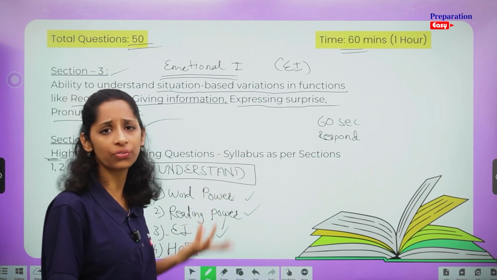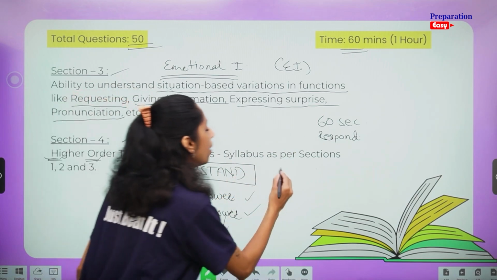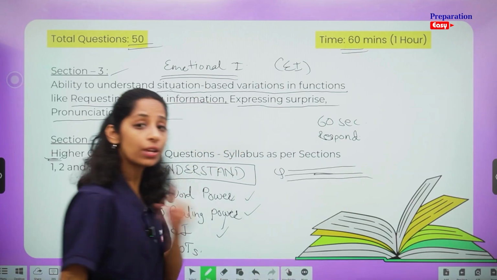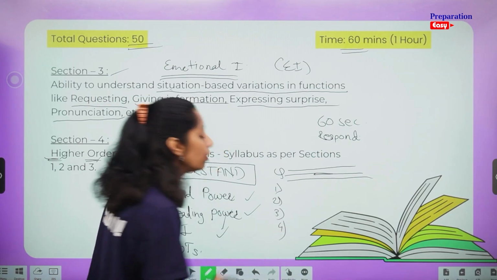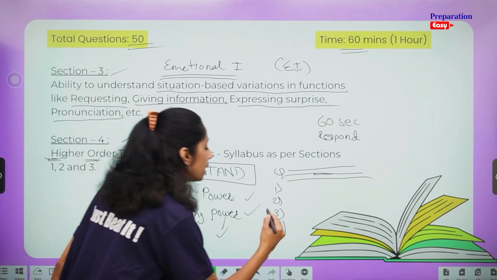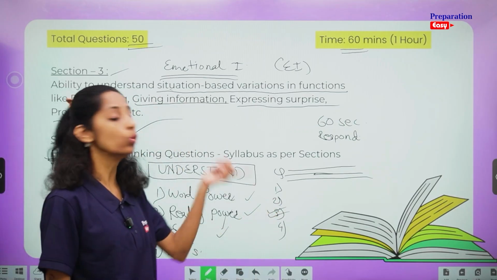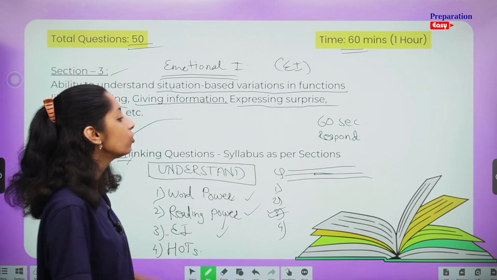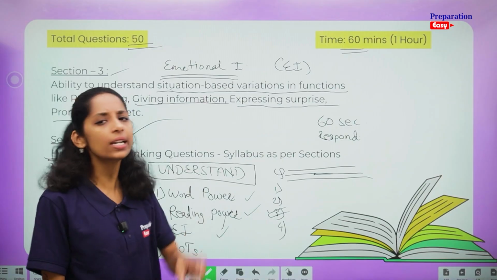So in 60 seconds, we have to read the question of 2 to 3 lines, read the options, and choose the correct option. Let's consider the third option is the correct one. We have to read and respond within 60 seconds, which is very little time.